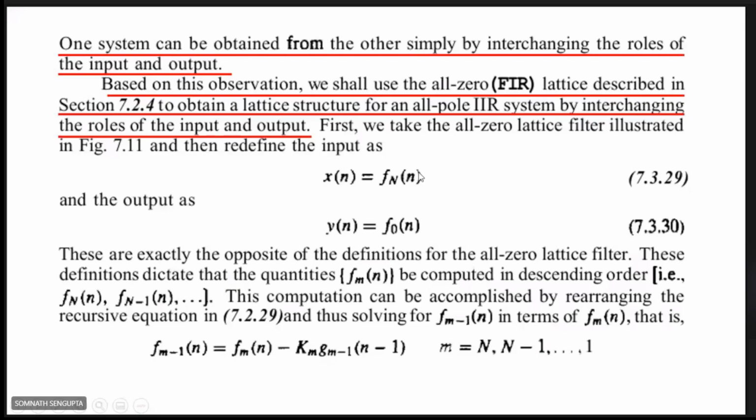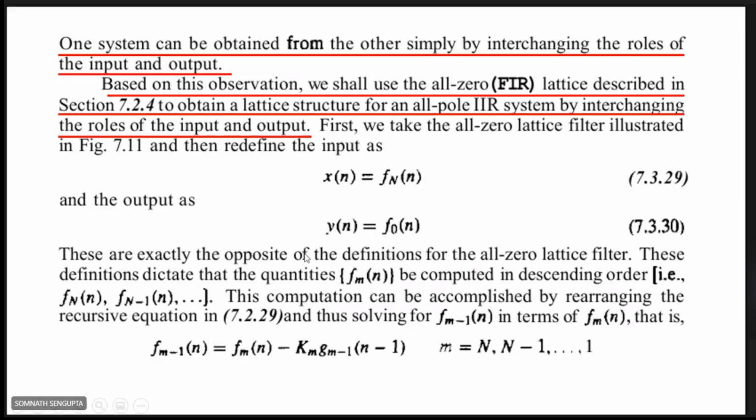But since we have interchanged the roles, the last stage output function f_N(n) is termed as x(n), and the first stage output f_0(n) is termed as output y(n). Okay, so it is a feedback type of system. So the flow of the lattice structure would be from output to input, whereas the FIR system flow was from input to output.